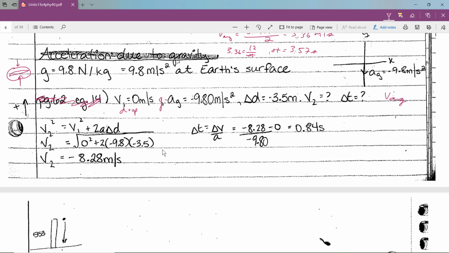It took 0.84 seconds. V average, V1 plus V2 over 2, so 8.28 over 2, I guess negative. Can I do that in my head? Negative 4.14. Double it. 8.28, yeah, meters per second. So that's just dropping an apple from a tree 3.5 meters high.